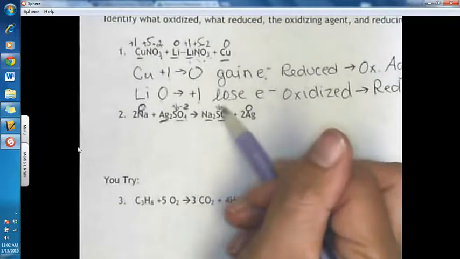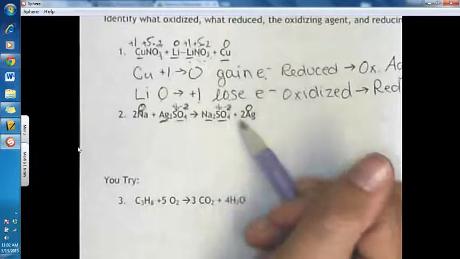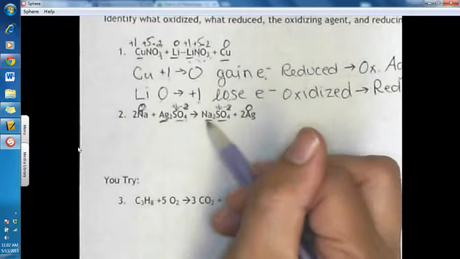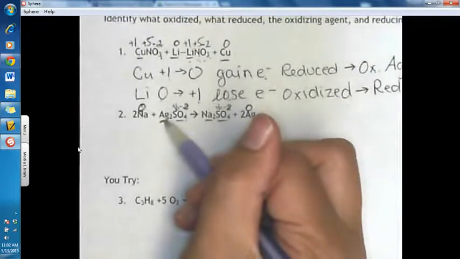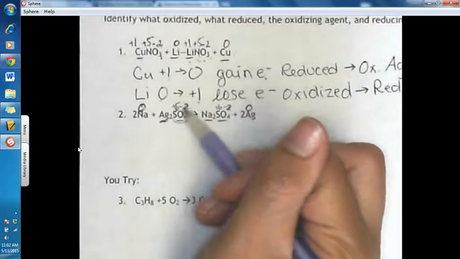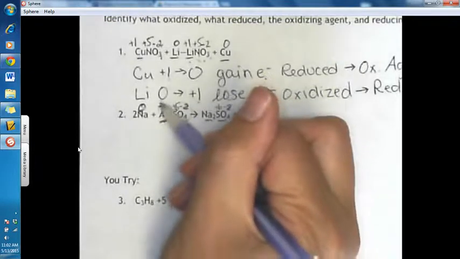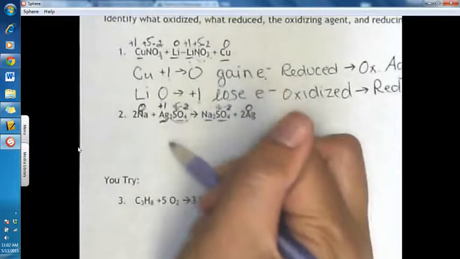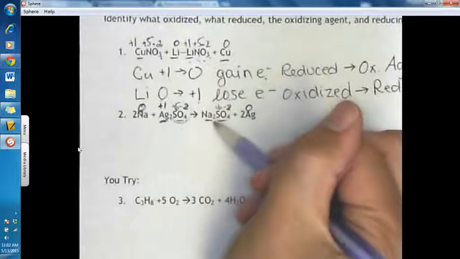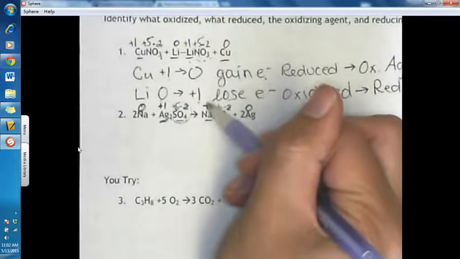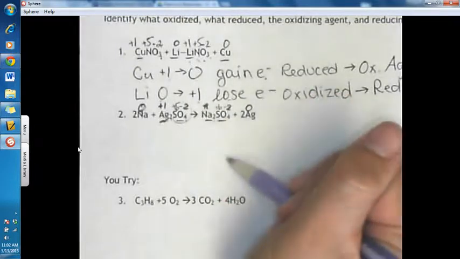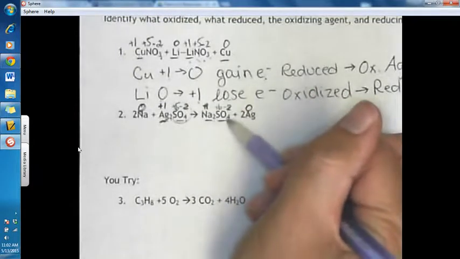Sulfur is +6, oxygen is -2 because it's in that sulfate polyatomic ion. Sodium and silver here, because they have to equal out with that -2 charge of our sulfate, silver is going to have a charge of +1, and because there's 2 of them, overall charge of +2. Sodium here needs to also have a charge of +1 to balance out. 2 of +1 combats with the -2 charge of our sulfate.